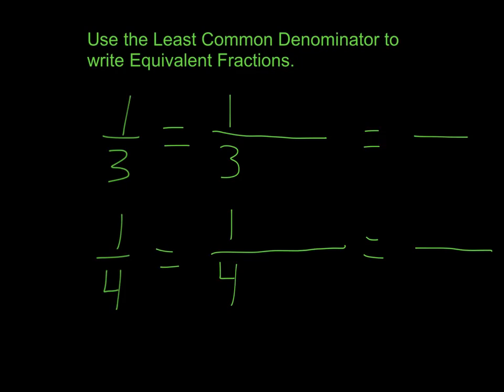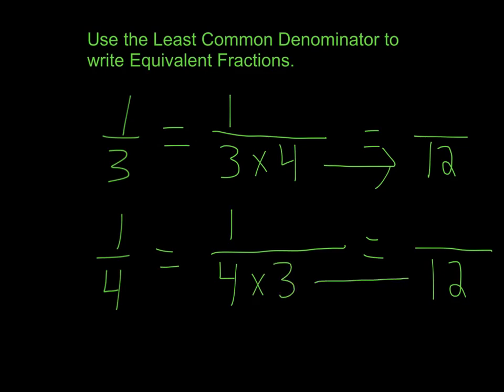Next, we are going to multiply 3 times a value to get the least common denominator of 12 for each of these fractions. 3 multiplied by 4 equals 12. In turn, 4 multiplied by 3 equals 12.